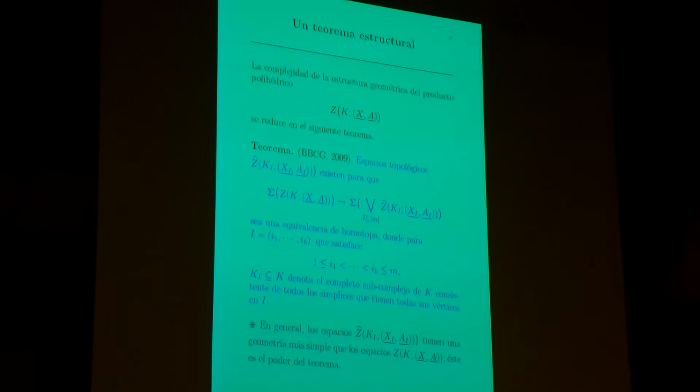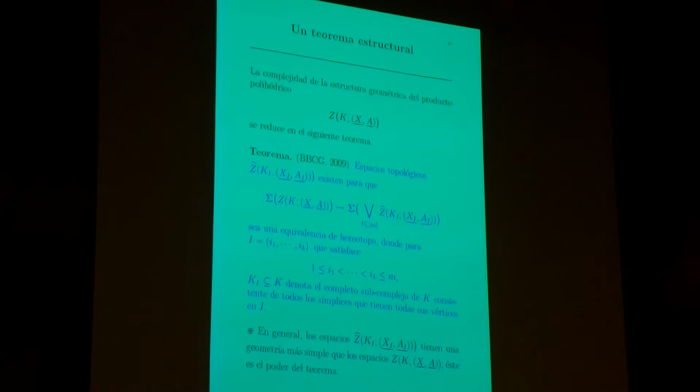The mathematical symbols here, which are very complicated, they express a very simple idea, right? A very simple idea. Now, as topologists, we wish to understand what is the geometric shape? What does the polyhedral product look like? We want to answer this question. What does it look like?